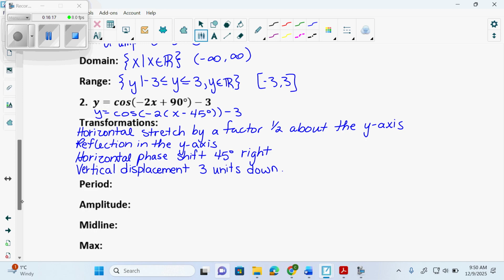All right. The period is 2, obvi. No, it's not. That's dumb. Oh, wait. It's 2 pi over 2. So it's pi. No, that's dumb as well. It's in what mode? Degree.